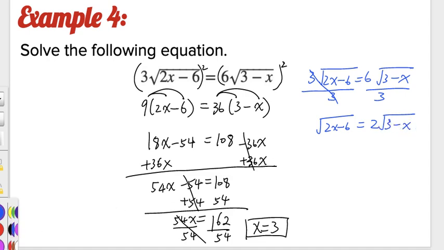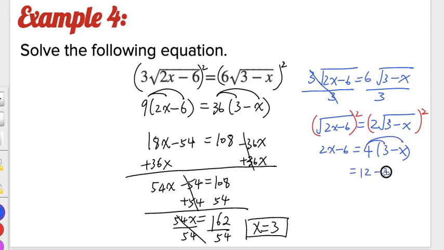And then I'm going to square both sides since there's nothing more for me to simplify, and I can just take off this square root. But 2 squared is 4 because 2 times 2 is 4, so I still need to deal with this. Distributive property is always a good idea to deal with parentheses. Again, I'm not going to make a mistake. Okay, so 4 times 3 is 12, 4 times x, 4x.